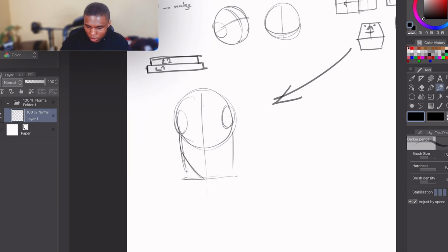Just like this, and then we'll have our skull like this.